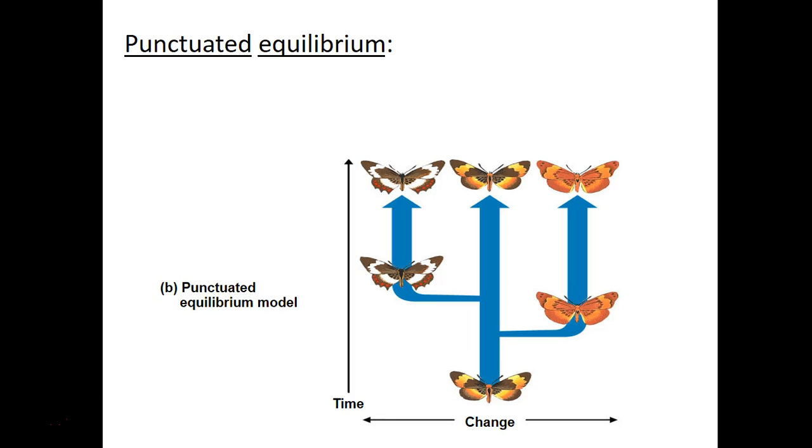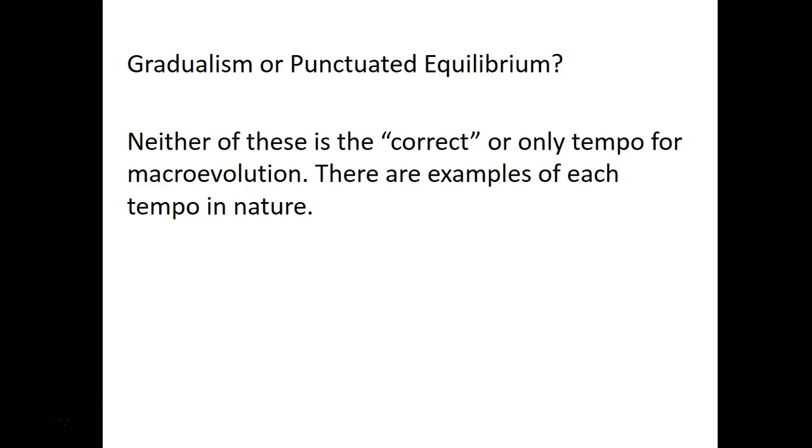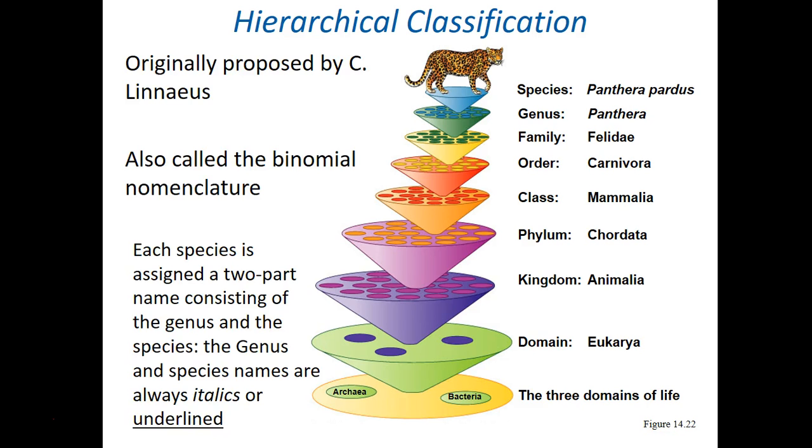So, for example, if you end up with some changes to your Hox genes that change the shape of your limbs, that can happen with a very small number of regulatory changes to change from a long arm to a short arm. So neither gradualism nor punctuated equilibrium is correct, or the only tempo for macroevolution. There are examples of each tempo in nature.